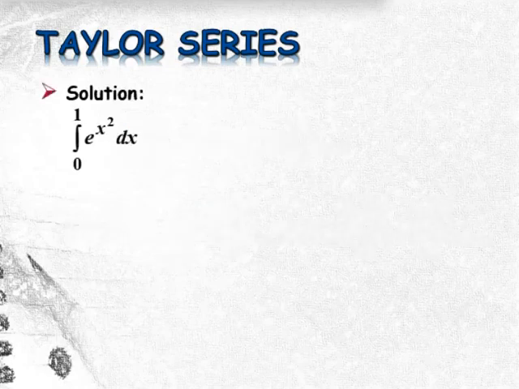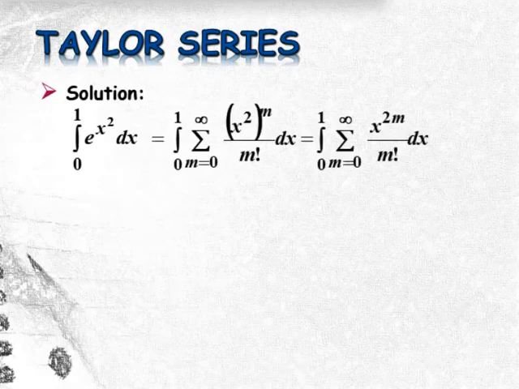So to evaluate the integral of e to the x squared dx from 0 to 1, we are going to write this in power series form. That is the summation of x squared raised to m over m factorial from m equals 0 to infinity. From algebra, you know that x squared raised to m is the same as x raised to 2m.